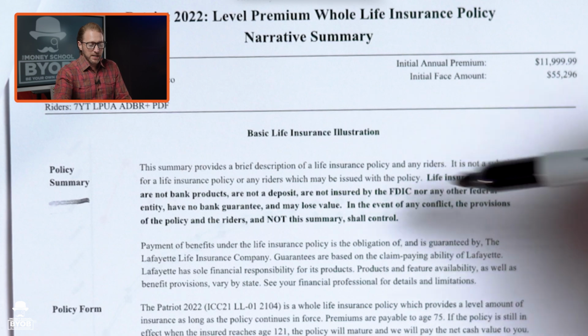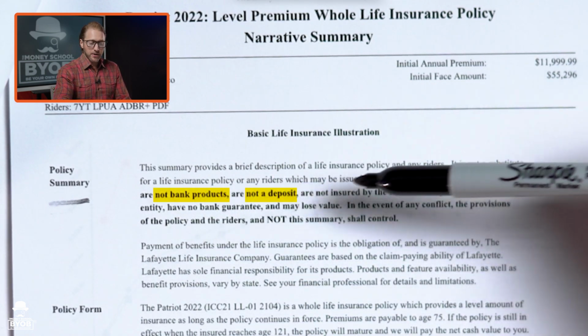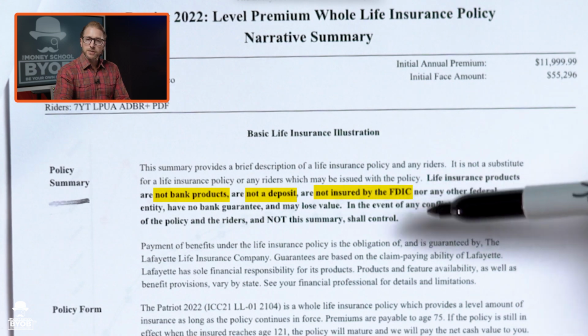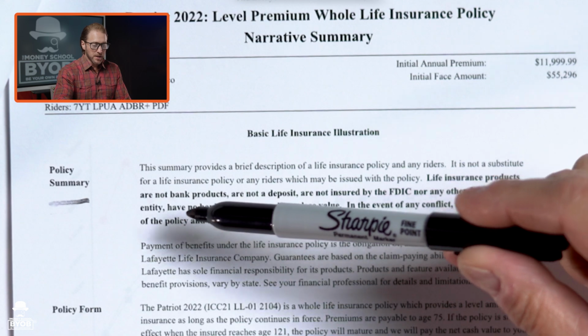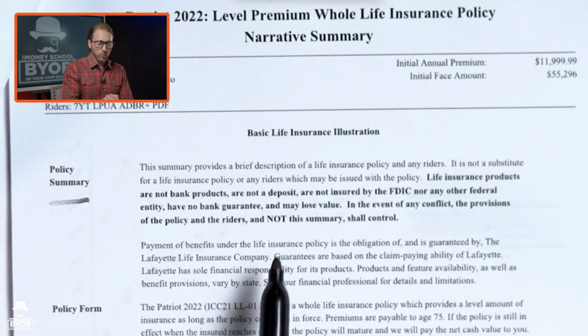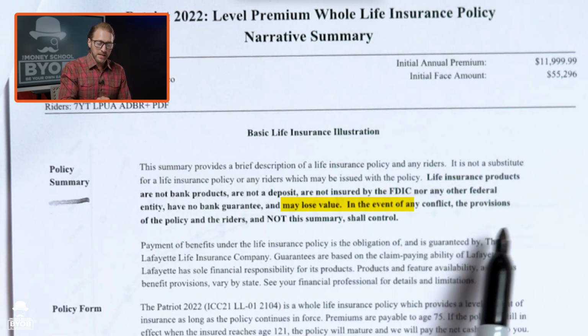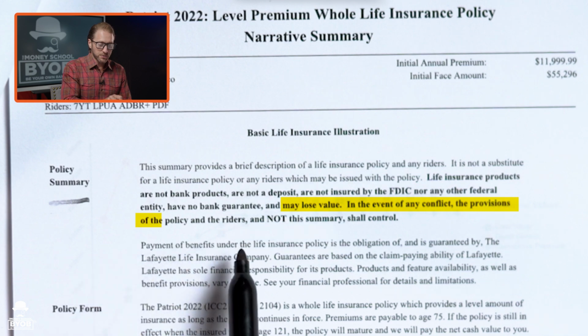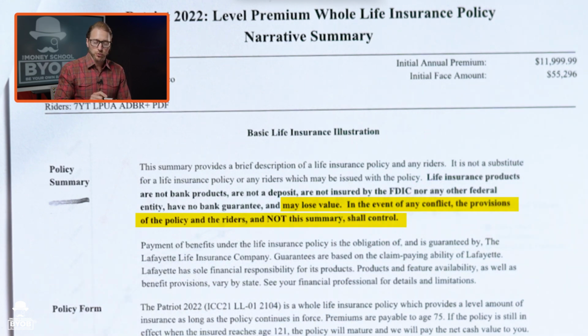So right here, it's stating that this is not a bank product and not a deposit. And they are not insured by the FDIC, because that wouldn't be a banking product, nor any other federal entity. They have no bank guarantee and they may lose value. We'll talk about that in a second. In the event of any conflict, the provisions of this policy and the riders, and not this summary, shall control.